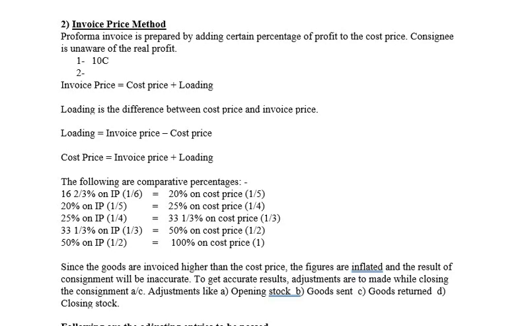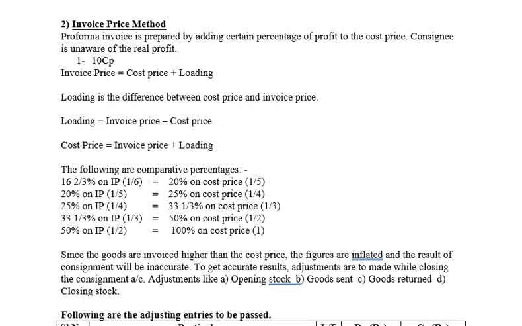But when he is sending the goods to the consignee, instead of sending this one product at rupees 10, he will say that he has incurred a cost price of 20. Actually he has incurred 10, but now he is saying that he has incurred rupees 20 as the cost price.